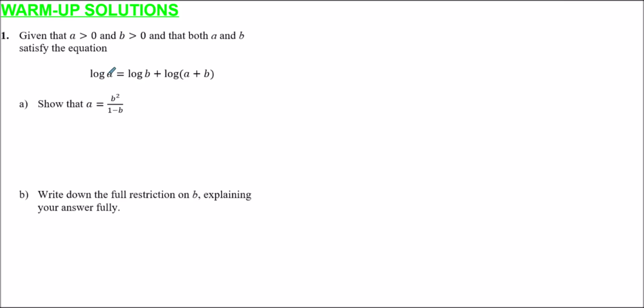So we've got log of A equals log of B plus log of A plus B. Okay, so log of B is one thing, and log of A plus B is another. And because this is log to the same base, log just means log base 10, we can write this here on the right-hand side as a single log.